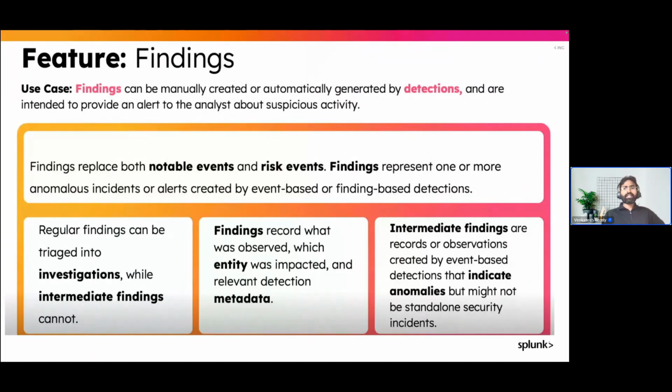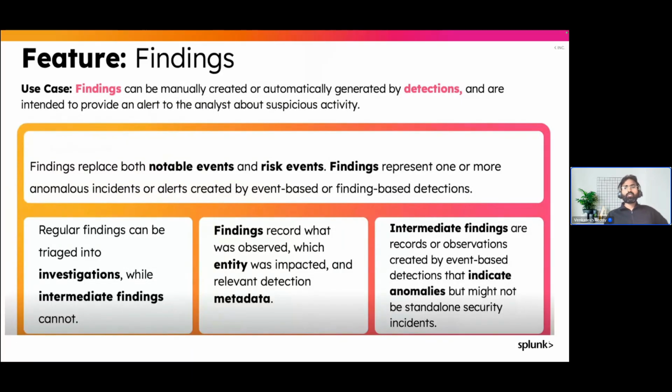A finding represents one or more anomalous incidents and alerts created by event-based or finding-based detection. There are two types of findings, regular findings and intermediate findings. These are the main two things that you want to know here. Regular findings can be triaged into an investigation, while intermediate findings cannot be triaged into an investigation.